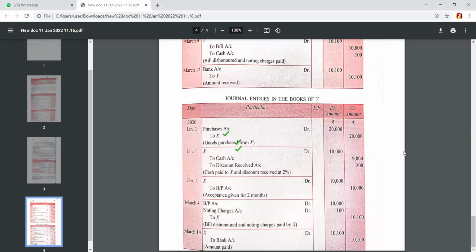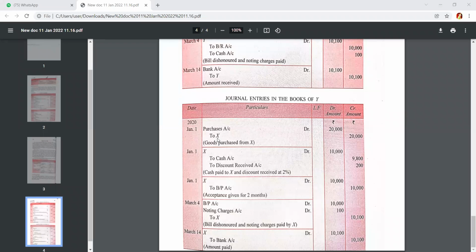Then purchases to X, vice versa entry will be there. In case of drawer, it is sales. Now it will be purchase. Then X debit to cash to discount received. Then X to BP. Then BP account debit, noting charges account debit to X. And X to bank.